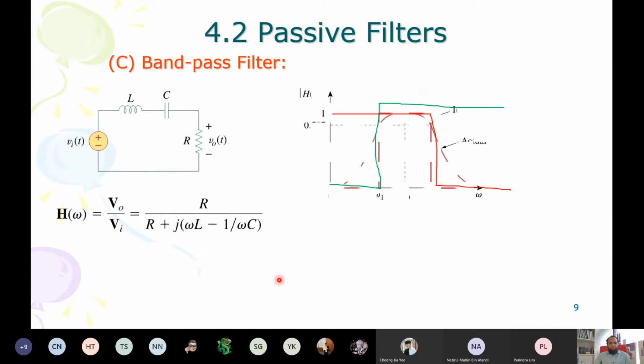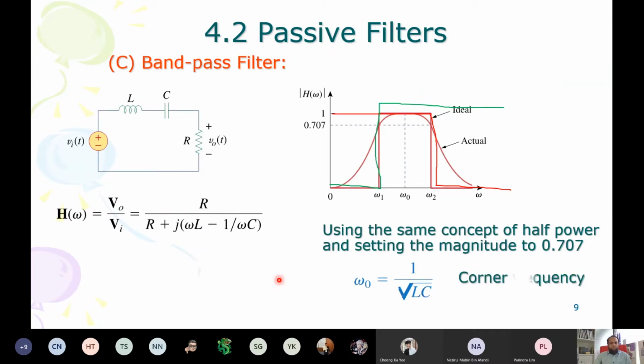Band pass filter, basically, once again, we use the same concept. We find the transfer function. We put omega equal to 0 and omega equal to infinity. If we put omega 0, this thing is 0. This is 1 upon 0 means infinity, and something upon infinity is 0. So for omega equal to 0, H omega is 0.